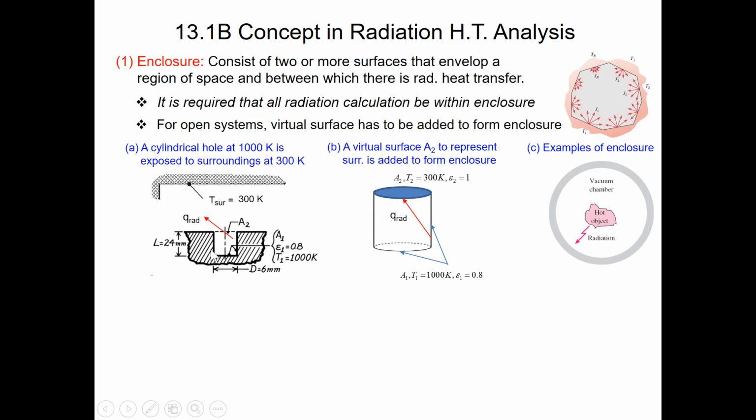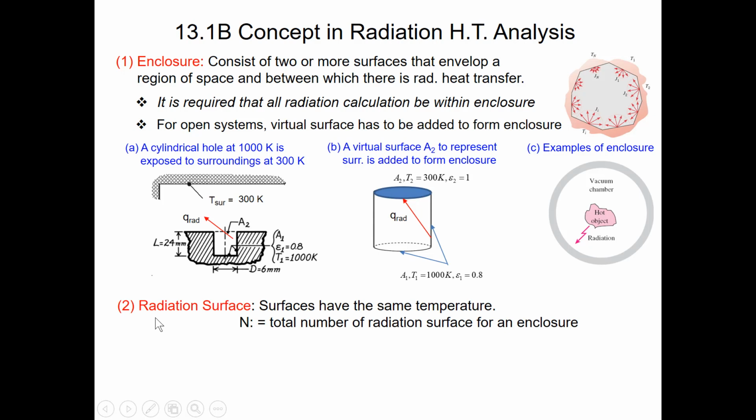Since it is an open system, a virtual surface area A2 at this temperature and emissivity to represent the surroundings is added to form the enclosure. In the beginning, adding a surface to make an enclosure might pose a challenge to students. Therefore, please pay attention to how the instructor does it.